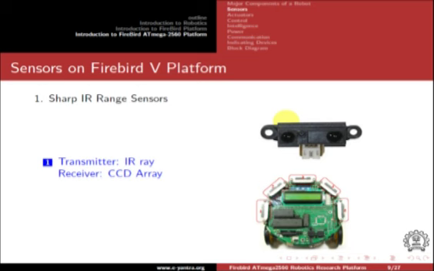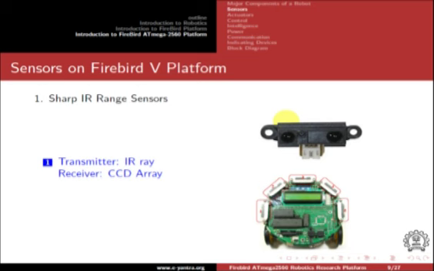This reflected ray is received by the array of CCD at receiver side. So a triangle is formed with emitter, object and receiver as three vertices, and depending upon distance of the object, the angle between incident ray and reflected ray changes. This change of angle gives the distance of any object in front of the robot.